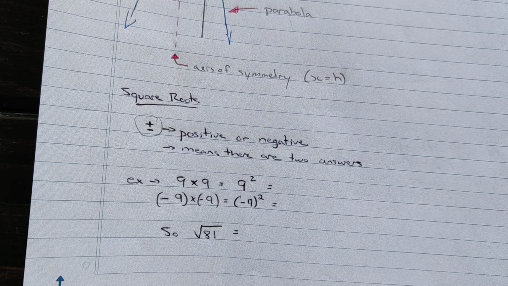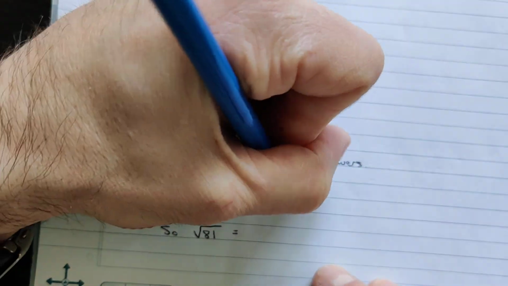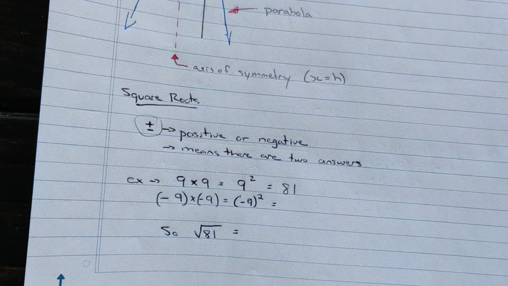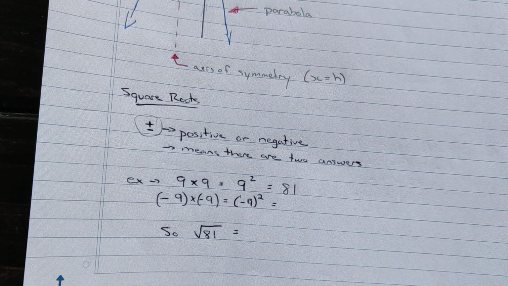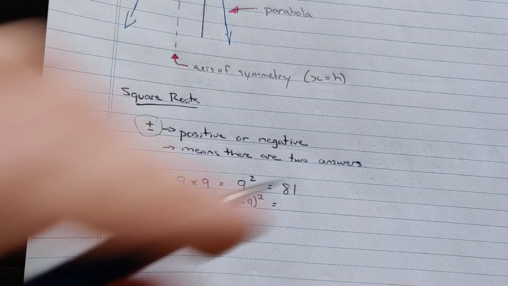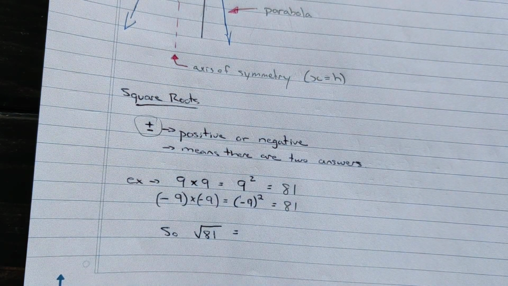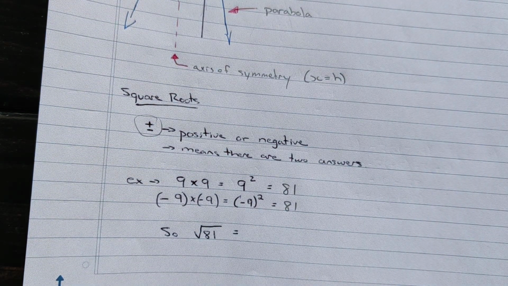In an example, 9 times 9 is also written as 9 squared. 9 squared is 81. We know that. However, if we have negative 9 times negative 9, that's the same as negative 9 squared. That is also 81. The term square root means what number times itself is this number.